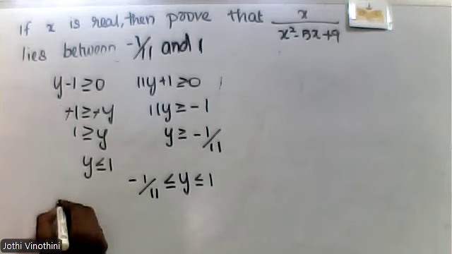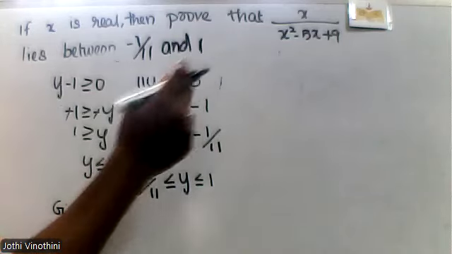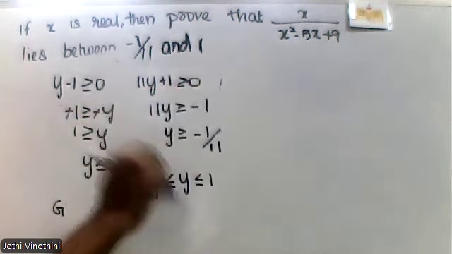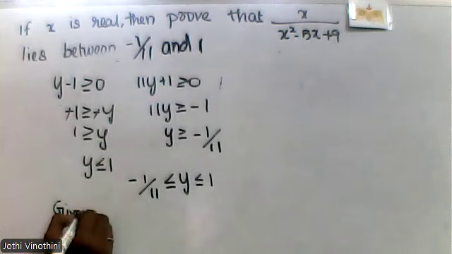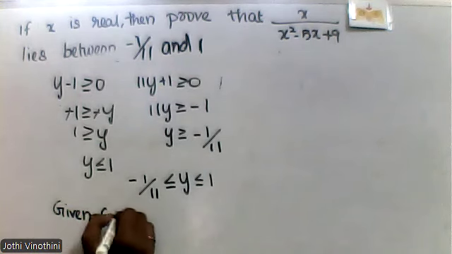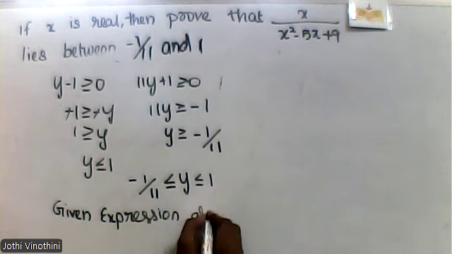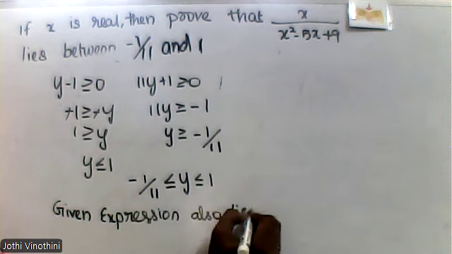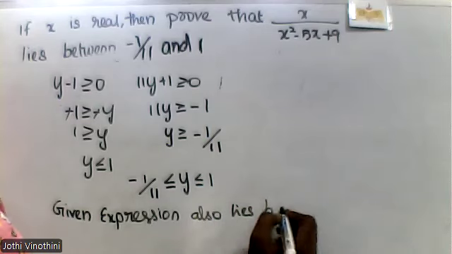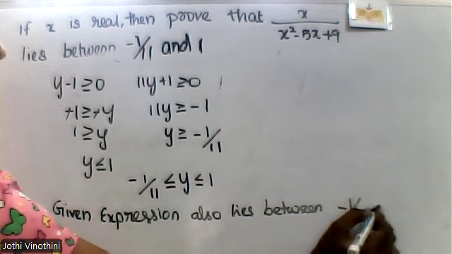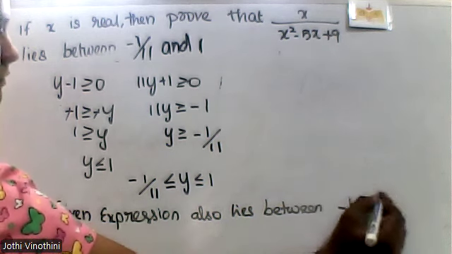So, since in the first step we equated the entire expression to y, from this we can say the given expression also lies between minus 1 by 11 and 1.